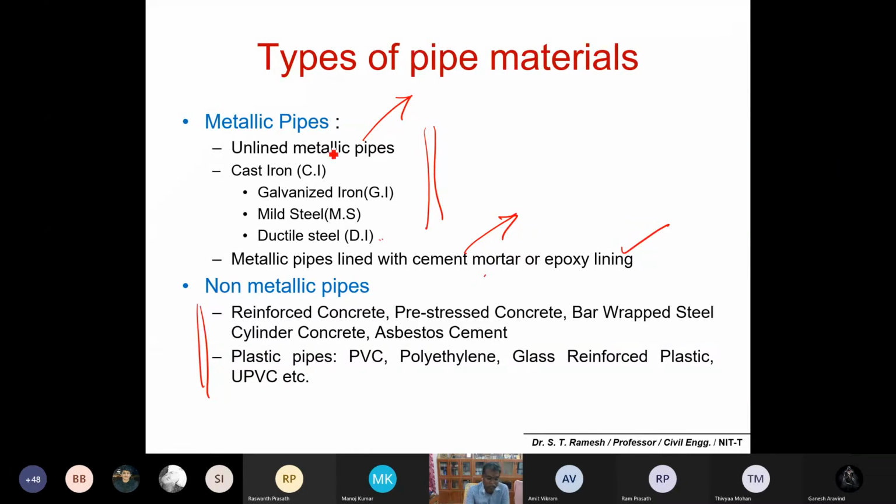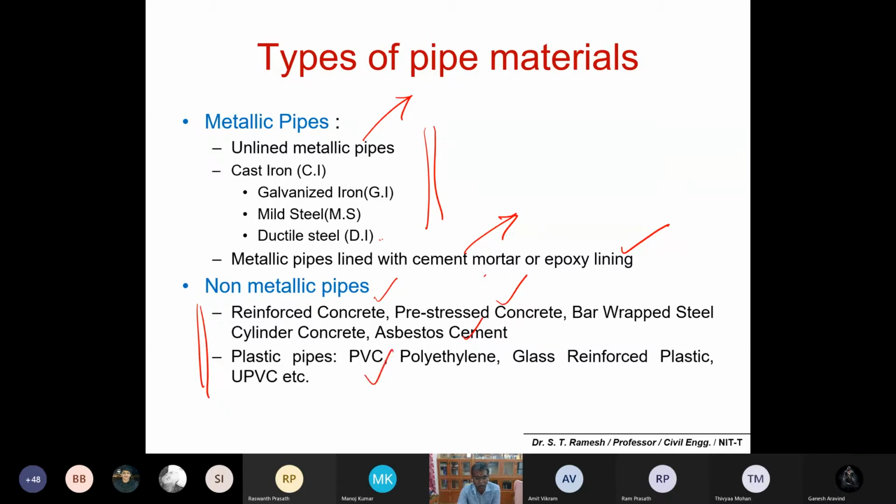Metallic pipes are again 2 clusters, unlined and lined. If it is lined, you can use cement mortar or epoxy lining for prevention against corrosion.